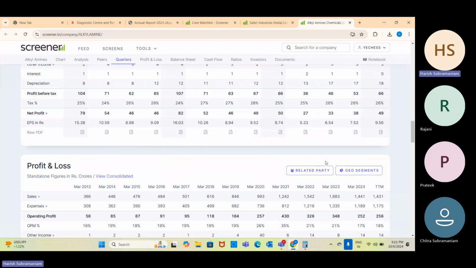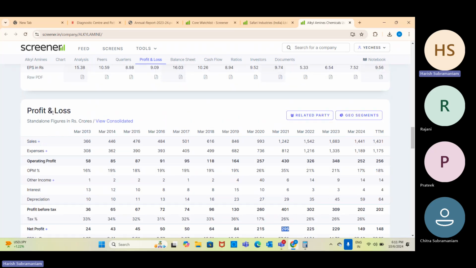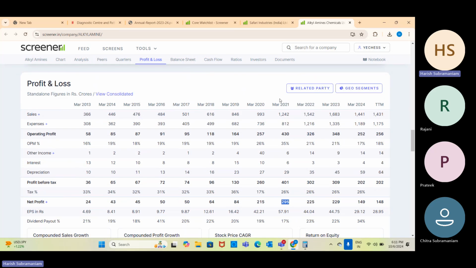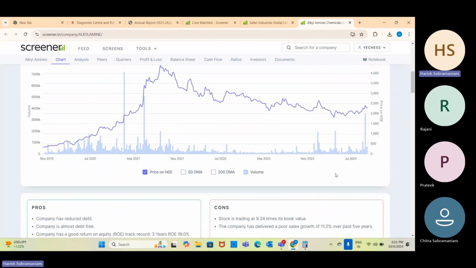So the share price has basically been coming down. And let's look over here and we see that the profit, which was 295 crore in 2021, is now some 149 crore in March 2024. And therefore, in the same corresponding way, the share price has actually come down.